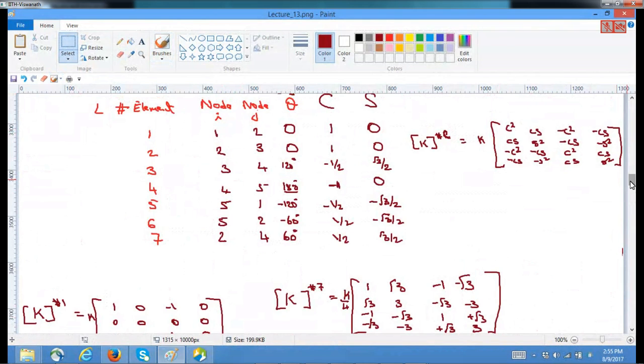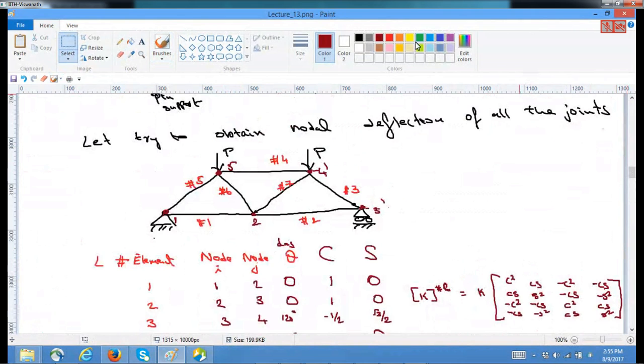The degrees of freedom are U1 V1, U2 V2, U3 V3, U4 V4, U5 V5.